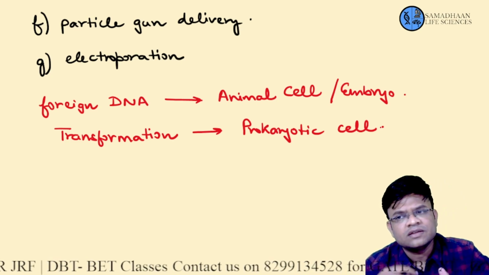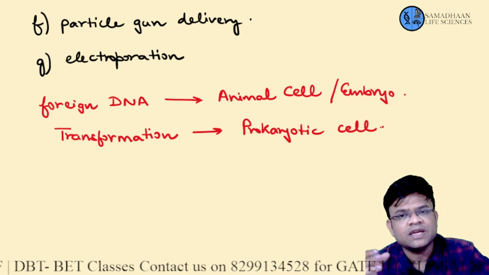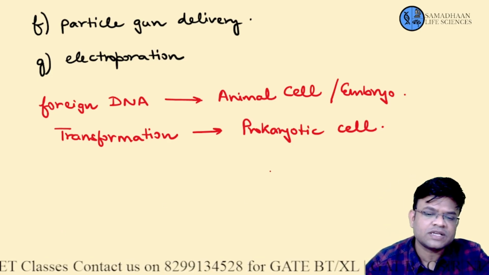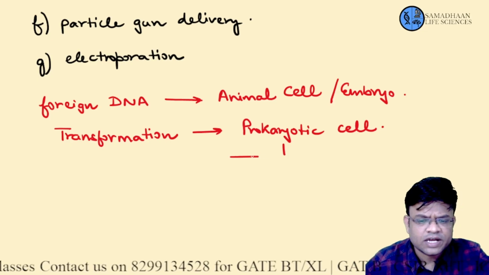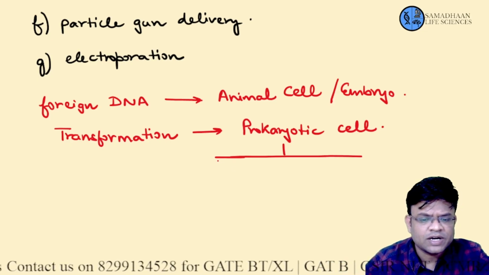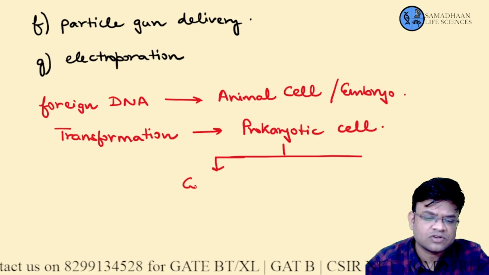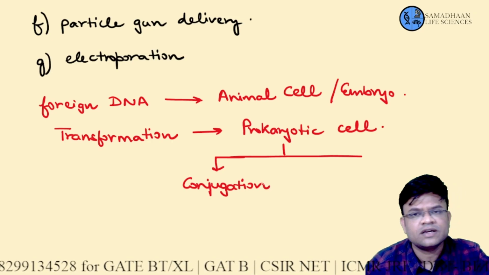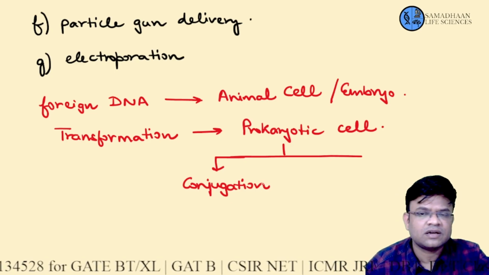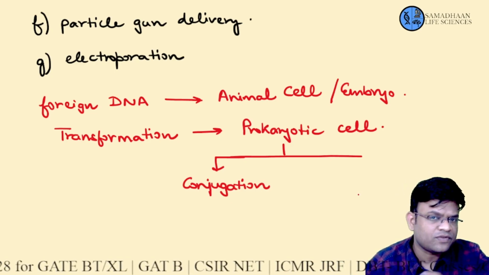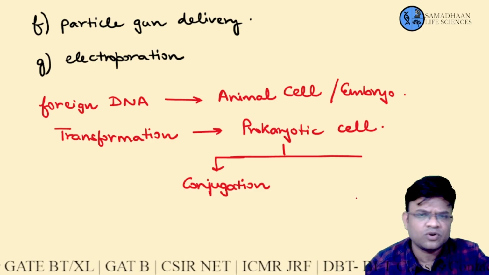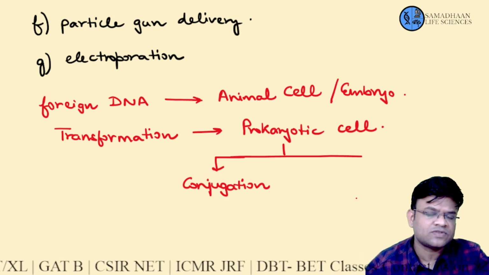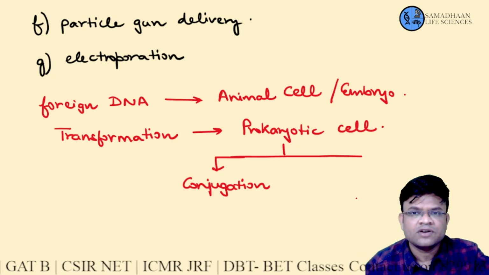Apart from that, gene transfer methods can be classified into multiple types. For example, if I'm talking about a prokaryotic cell, you can transfer genes through multiple methods. The first method is conjugation. I haven't talked about conjugation as yet in English. I've already done that in Hindi, so if you want to study that, you can check out that video. I would be making videos in English also now: conjugation, transformation and transduction.